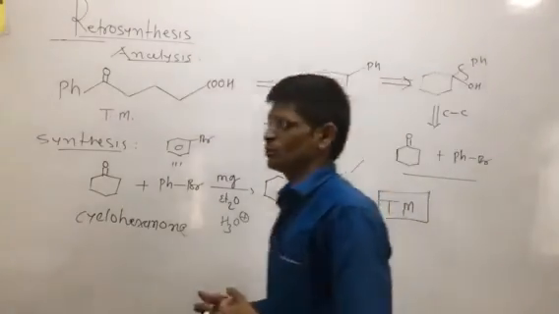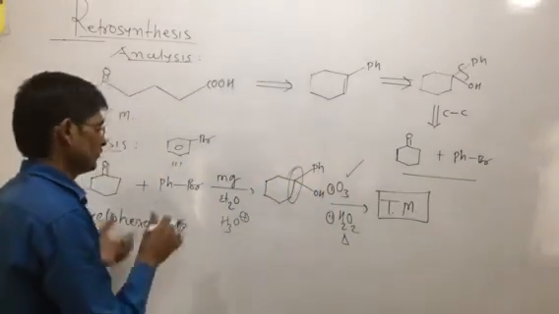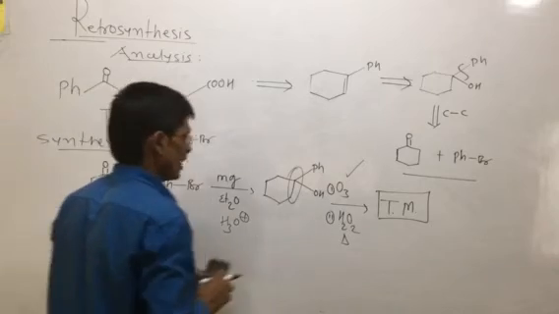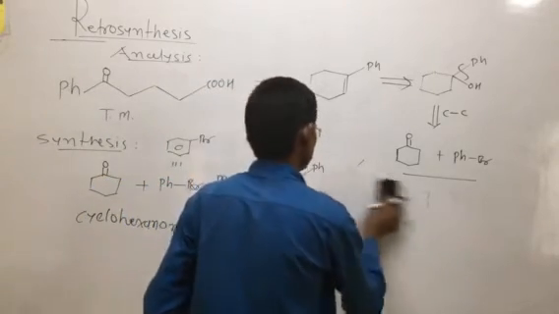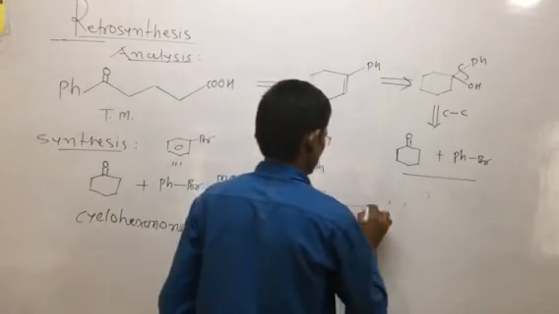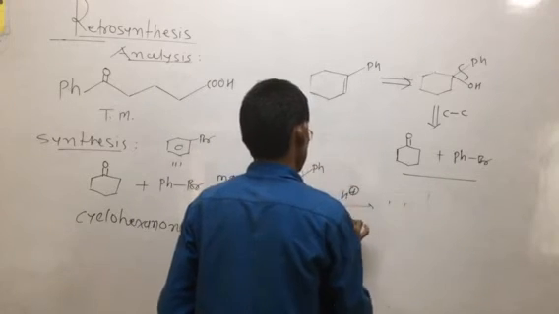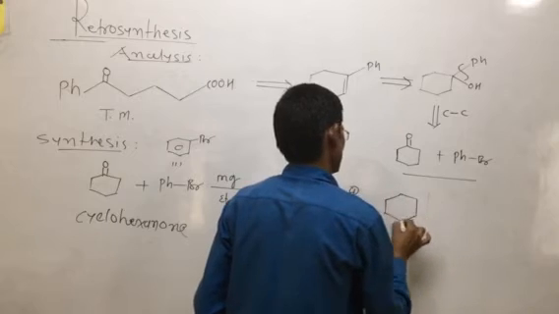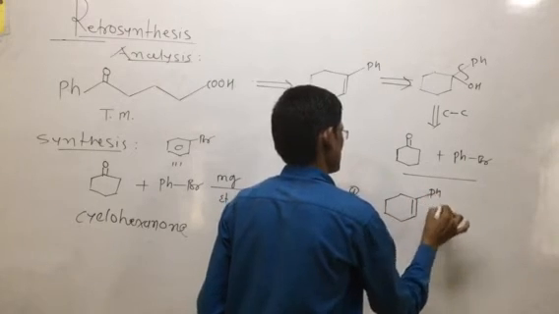When we do this ozonolysis, after dehydration, here we have to add one step. We will do the dehydration. If we do this dehydration in the presence of sulfuric acid, then an unsaturated product with the Ph is formed.